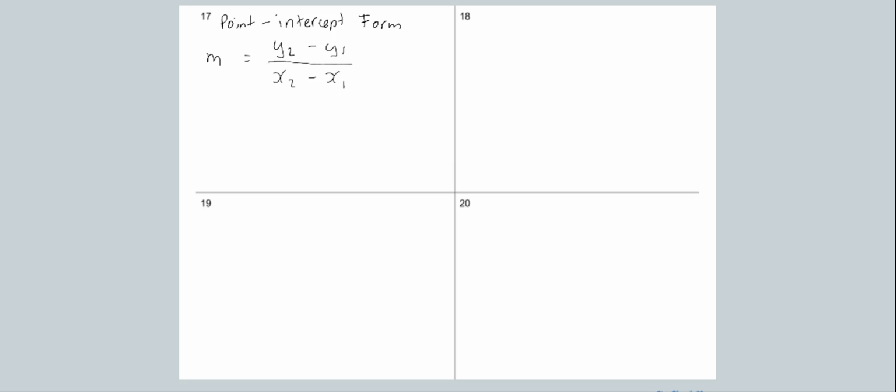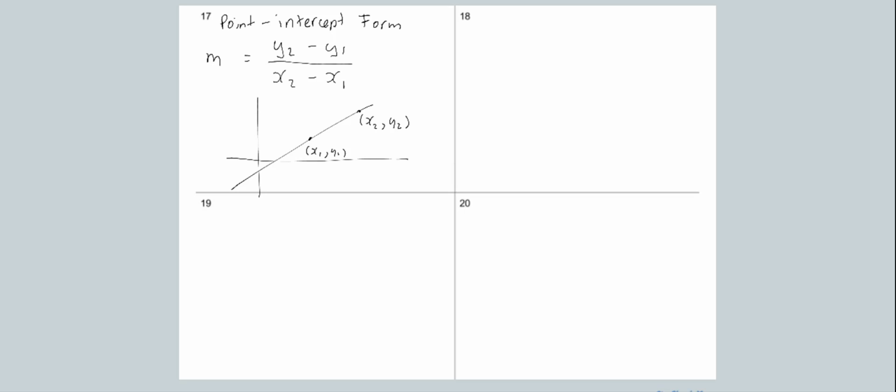So what that represents is a specific point, x1, y1, and another specific point, x2, y2, like so, right? That's what we know. It doesn't matter whether x2, y2 is down the bottom or at the top, because if you flip them around, you'll just get a negative over a negative, and that will make it positive anyway. So it's okay whichever order we do it.